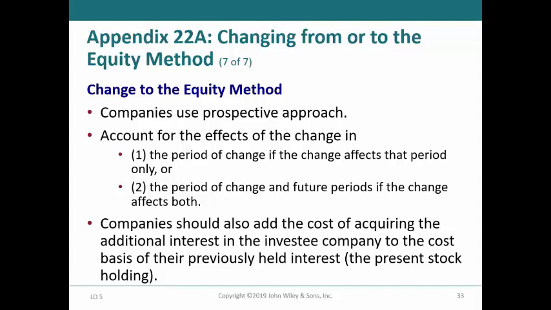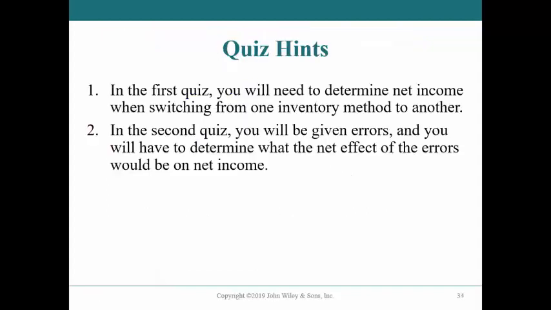Dividends received after the change to the equity method would be credited to the investment account instead of dividend income. The company would also need to adjust the fair value adjustment account associated with the investment to retained earnings in the period that the company begins using the equity method.